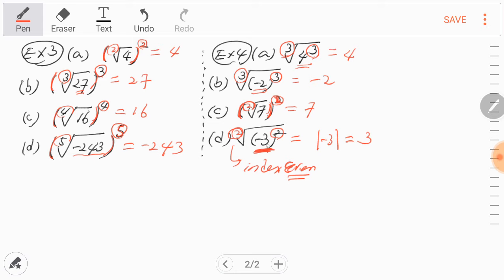So negative 3 squared is 9, and if we rewrite this, that's the square root of 9. And 9 can be written as 3 squared, so that is equal to 3. So without squaring the negative, just take the base out and then make it positive.